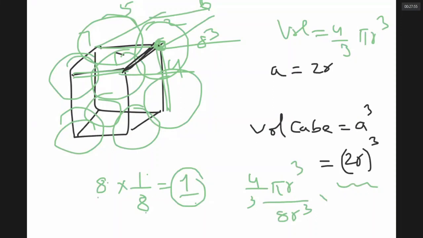If you want to know the percentage, multiply with 100. What value will I get, sir? R cube cancels, and it will be 3.14 divided by 6, 52%. What is the percentage efficiency, sir? Percentage efficiency is 52.